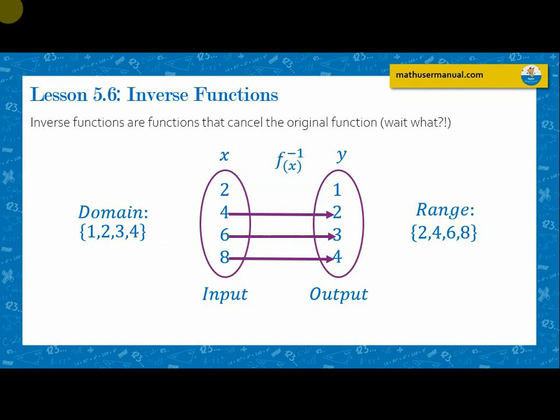Now, the input of 2 gives us an output of 1, the input of 4 gives us an output of 2, 6 gives us 3, and 8 gives us 4. So we inverted the function. That's why it's called the inverse of a function. And of course, the domain and range also interchange their position. So this is what the inverse of a function is. It interchanges the input and the output of the original function.